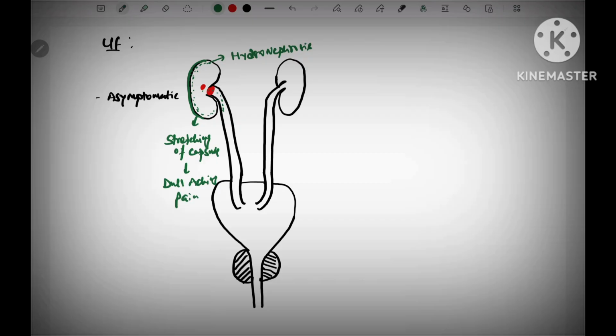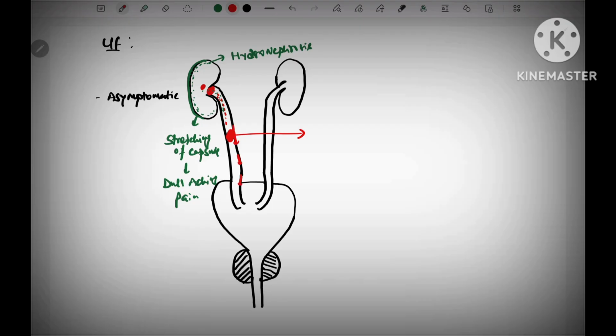Got it? Now assume that this stone starts traveling and comes into the site of the ureter. When it comes into the ureter, the ureter tries to do peristalsis and starts pushing the stone into the urinary bladder.